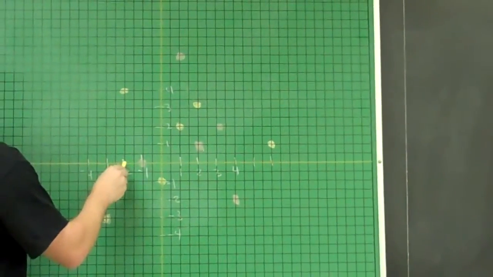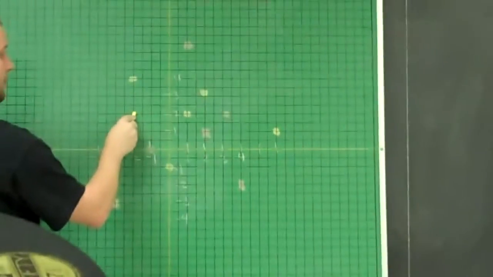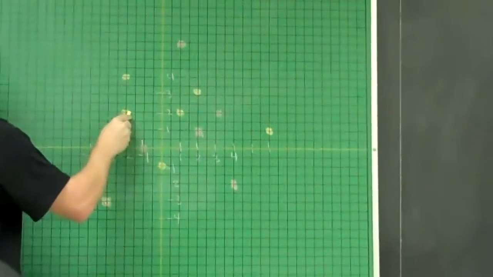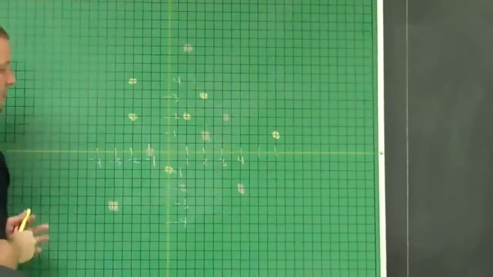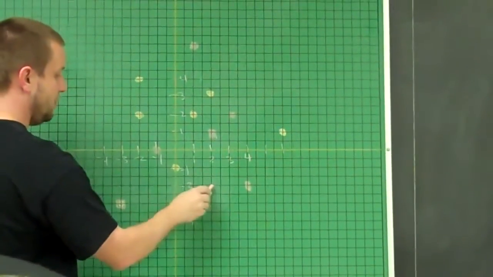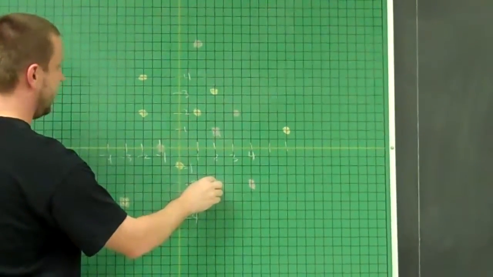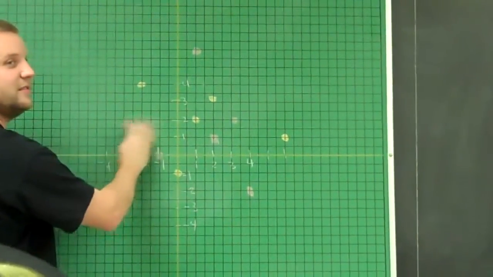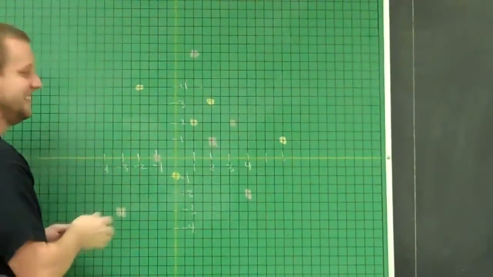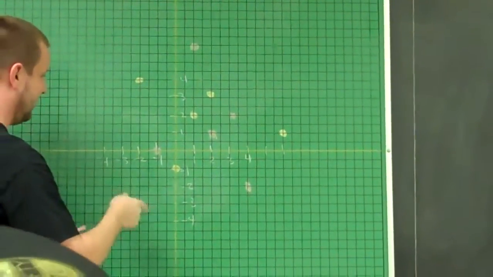Or does anyone think you have a pattern? How about negative 2, 2? If I flip negative 2, 2, I would get 2, negative 2. Wait a minute, I can't do that, then it's not a function. Ignore that. I already had a 2, negative 2 there. What else? I'm running out of x values.